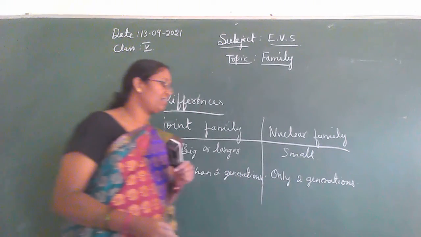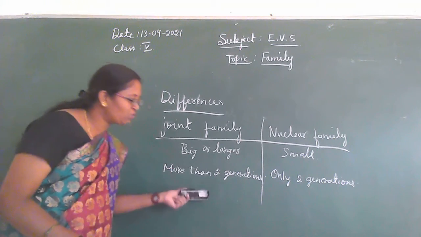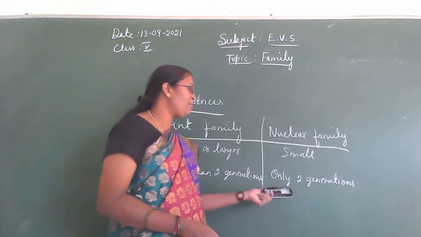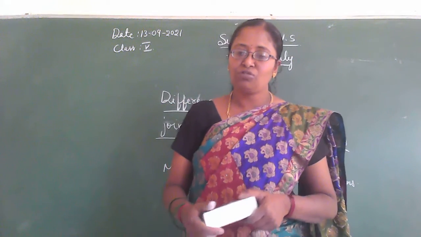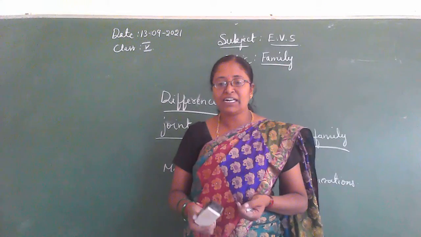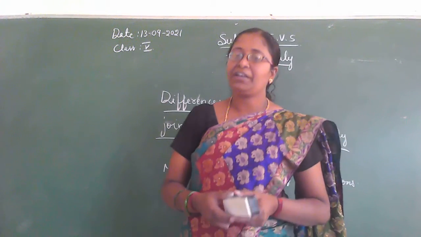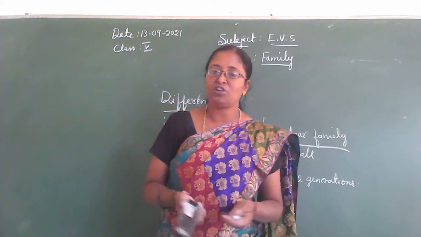Is it children? So in this joint family we can see more than 2 generations. In the small family we can see only 2 generations. Is it? So a joint family is a large family consisting of great grandparents, parents and their children, cousins.